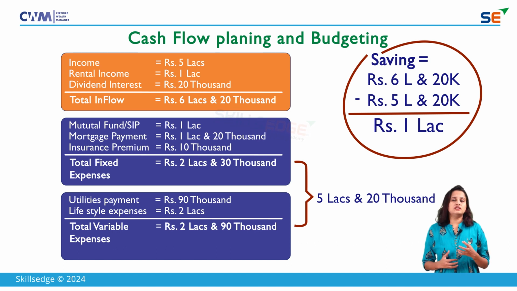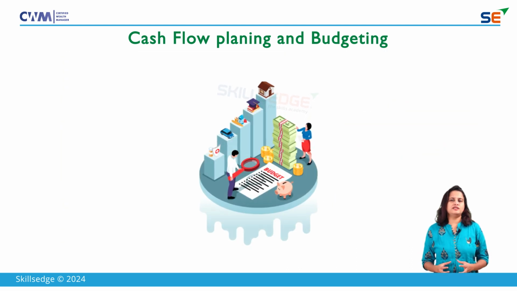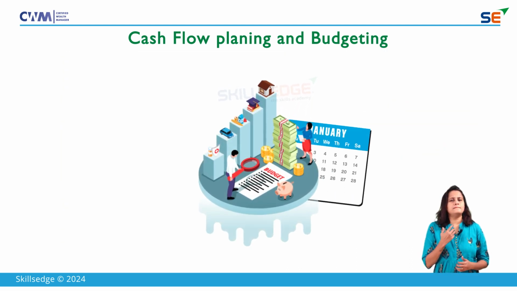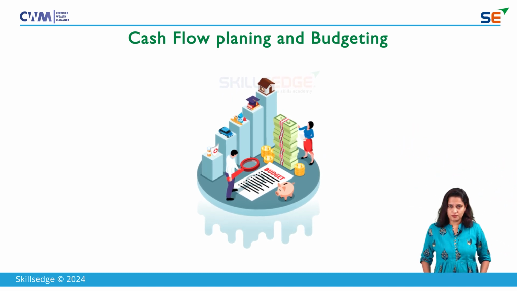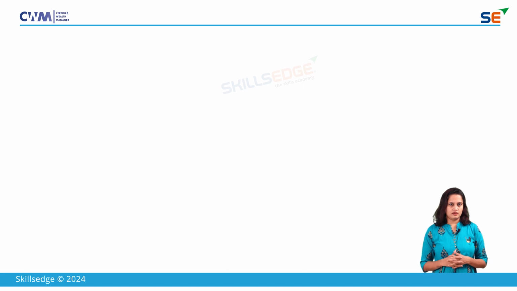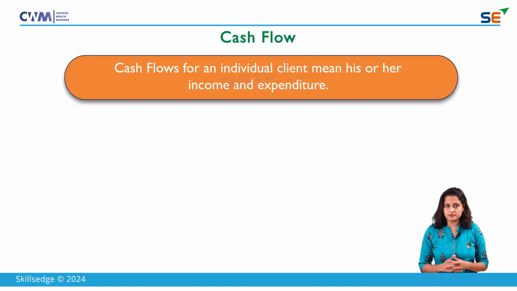Here, based on the available data worked out with the client, you can consider making short-term cash flow planning. Cash budgeting means preparing monthly household budgeting and long-term cash flow planning. An individual's income and expenditure contribute towards his cash flows.